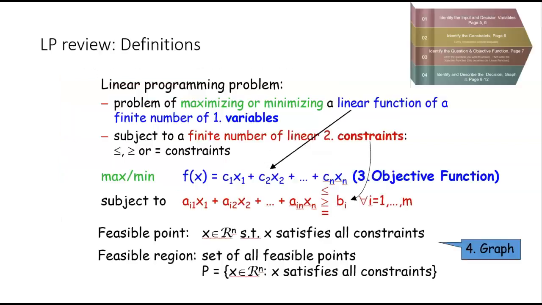So, for example, here is that same approach, 1 through 4, laid out for you in a linear programming problem. If I want to maximize or minimize something, I'm going to create this linear function. And that's going to give me my objective function. I drew an arrow to it called f of x. That's going to be my objective function.